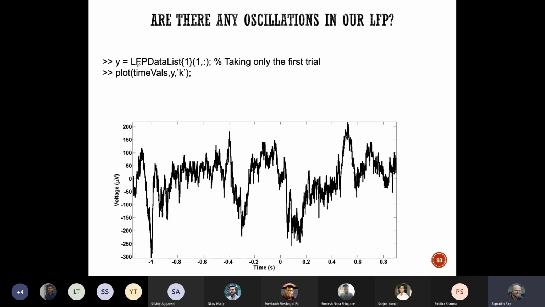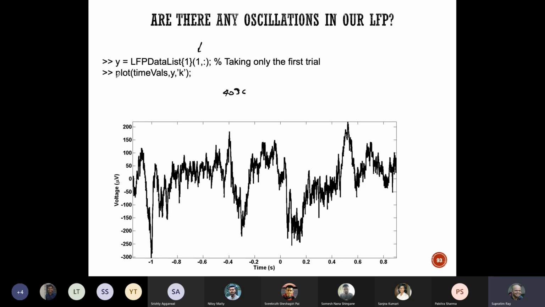I give you the LFP data. I have given you this, it's on the course page, so you can download it. And I'm looking at the first of the 76 trials. So Y is just a signal of length 4096.